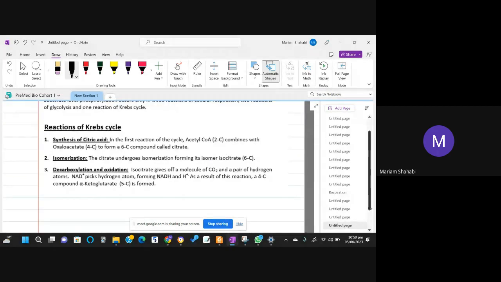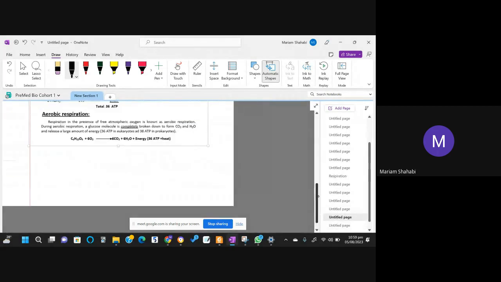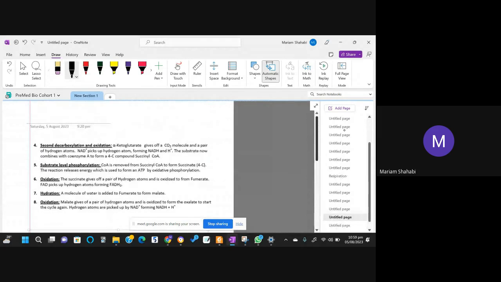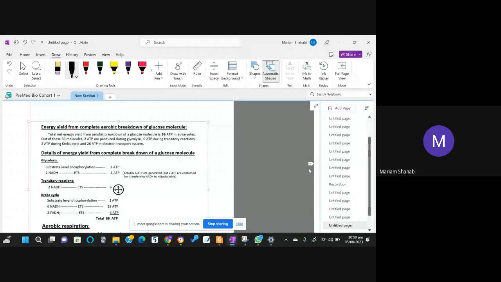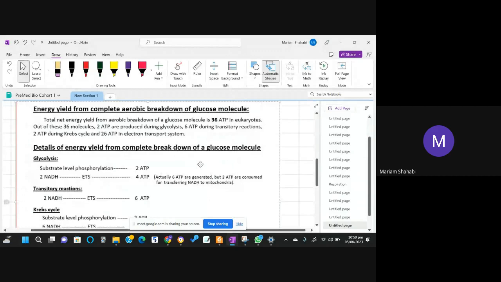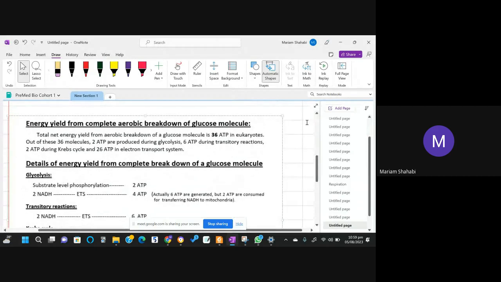Reactions of the Krebs cycle. Yes, now we have to look at our balance sheet of ATP. We know that we got two molecules of ATP from glycolysis.